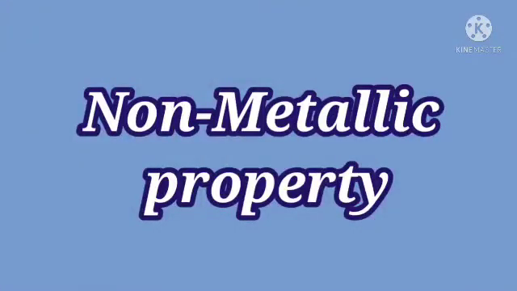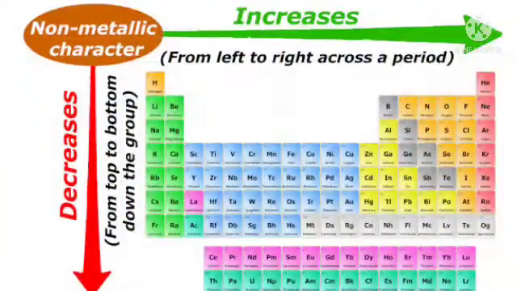The next one is non-metallic property, which is the electronegative nature. In a period, the non-metallic property of the elements increases from left to right. In a group, the non-metallic property of the elements decreases from top to bottom.